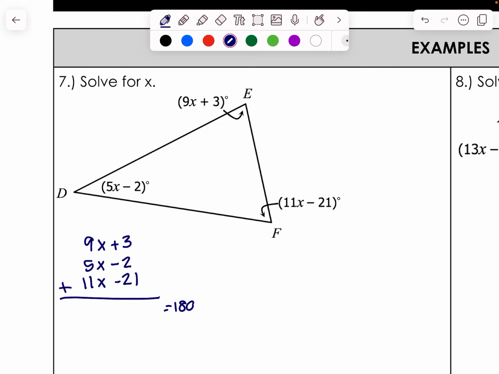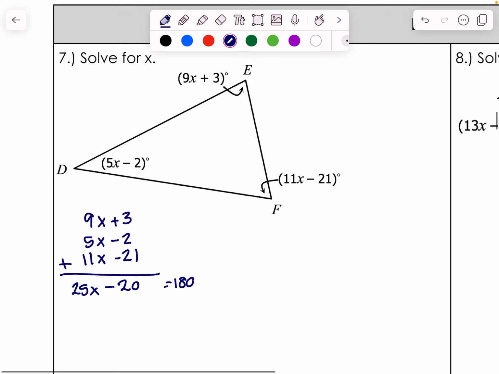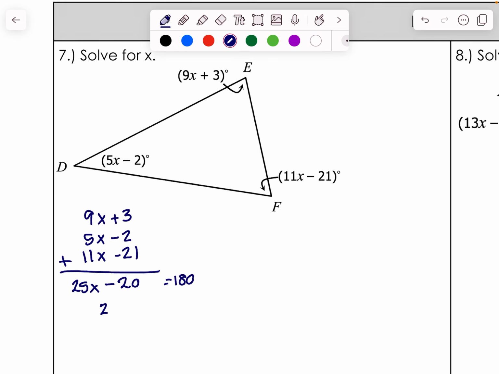I have 9x plus 5x plus 11x, it's going to be 25x, and then plus 3 minus 2 is minus 1, minus 21, so it's going to be minus 20. And then I add 20, so I get 25x equals 200. So x is going to be 8.